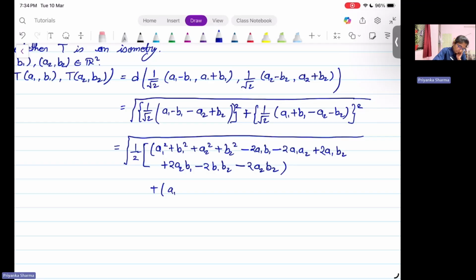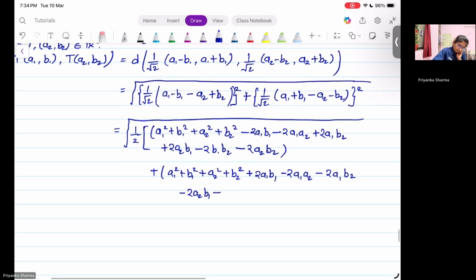So this will be A1 square plus B1 square plus A2 square plus B2 square, plus 2 A1 B1 minus 2 A1 A2, minus 2 A1 B2, minus 2 A2 B1, minus 2 B1 B2 plus 2 A2 B2.